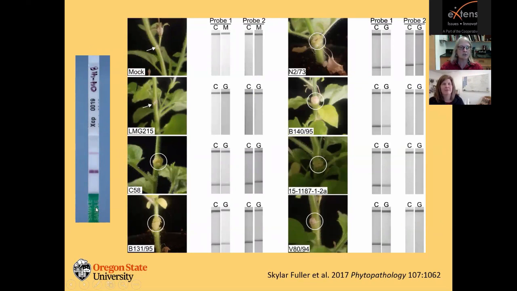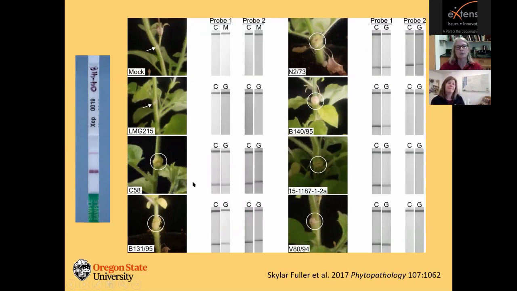And how it's used is it's a serological based assay, and you grind up your plant tissue and you put it in a little bag that's provided by the company up to this line, so that the sap goes up to here, and then you wait, and the sap will migrate through this porous filter paper-like material, and if this Xanthomonas is present, you'll get a strong band right here, and this band just indicates that the assay is actually working.